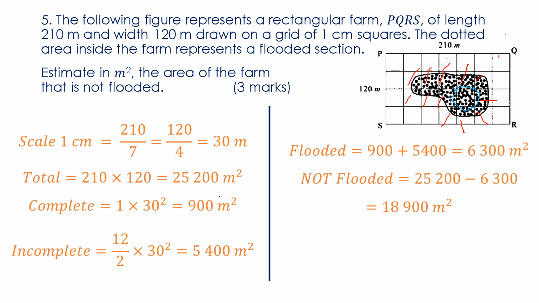We get the number of complete squares, in this case 1, add the number of incomplete squares, which is 12, divided by 2, that is 6, multiply by the area, then get the sum of these two areas, 900 and 5400. Then because we need the area that is not flooded, you take the total area of the farm minus the flooded section.